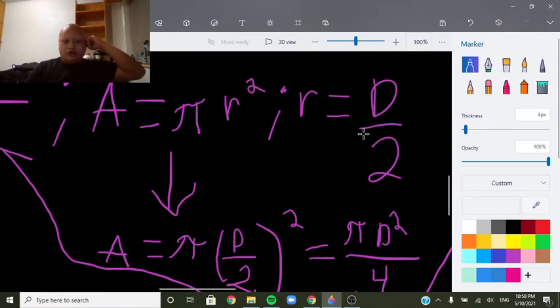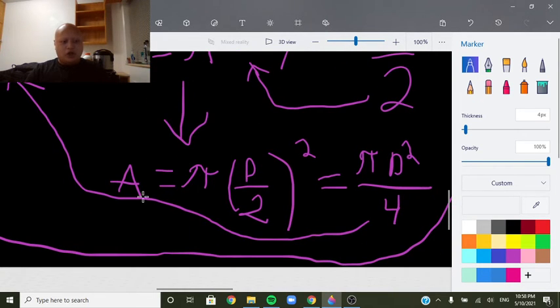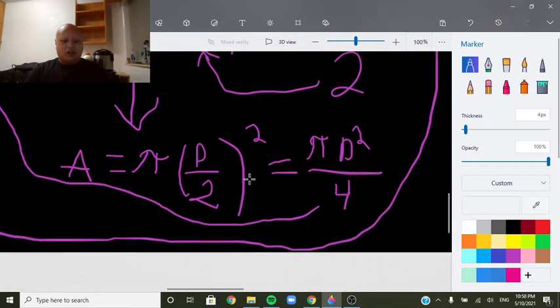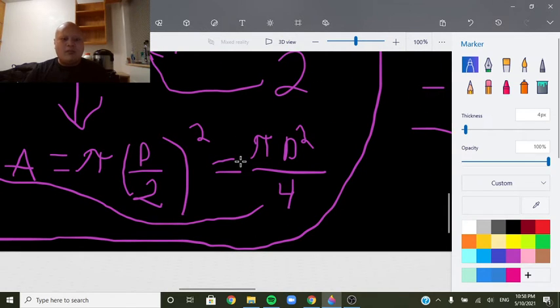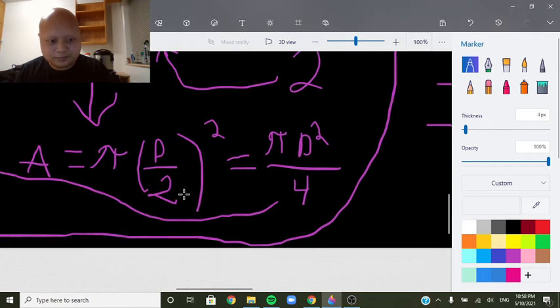Now we plug d over two in for r, and then A is equal to pi times quantity d divided by 2, squared. Or if you just want to splice it all together, it's pi times d squared over 4.